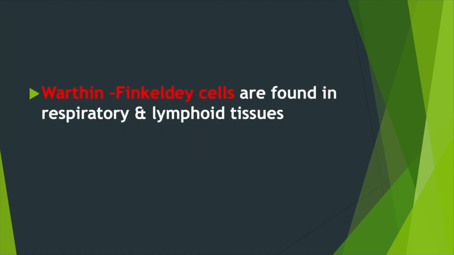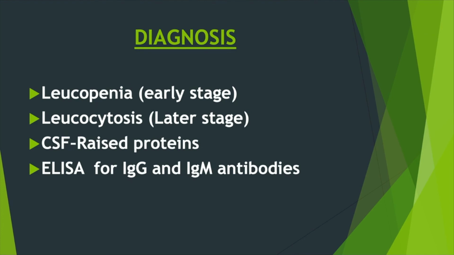Warthin-Finkeldey cells are found in respiratory and lymphoid tissues. Diagnosis: leukopenia in early stages, leukocytosis in later stage, CSF raised proteins, ELISA for IgG and IgM antibodies.